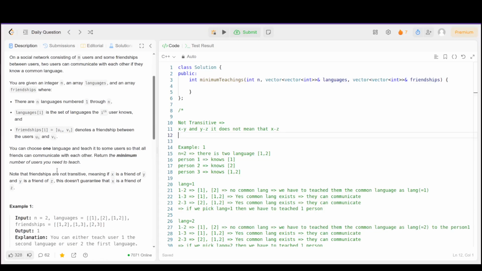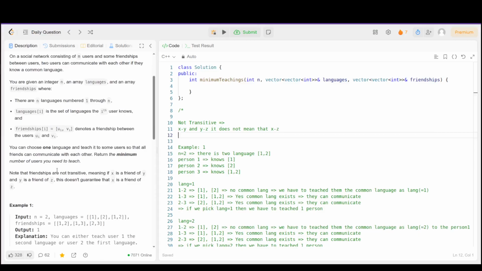What we have to do is pick one language and teach some of the users so that they can communicate with each other. Friends u and v can communicate only if they know a common language.